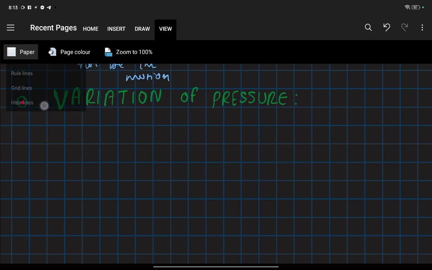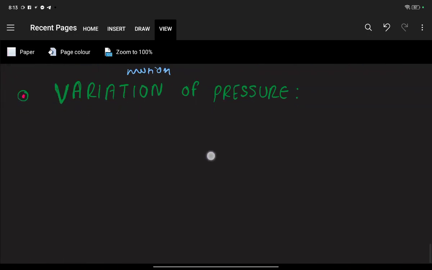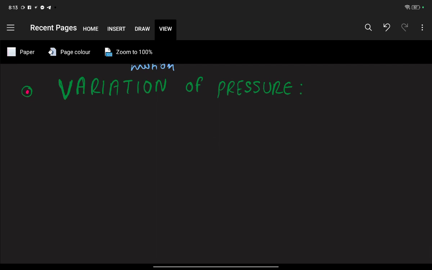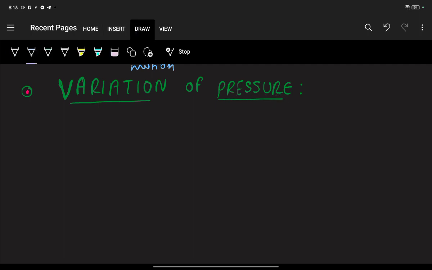All right, so let's begin our discussion on variation of pressure. Let's take a vessel which consists of some amount of water.